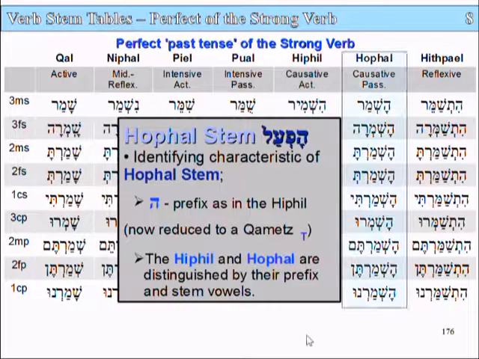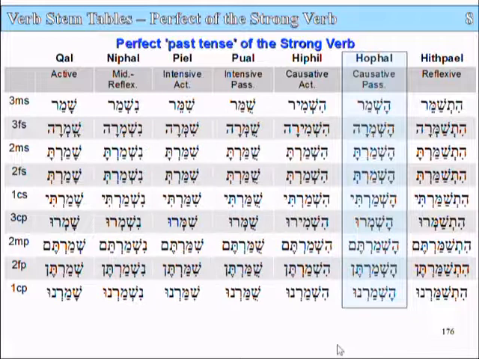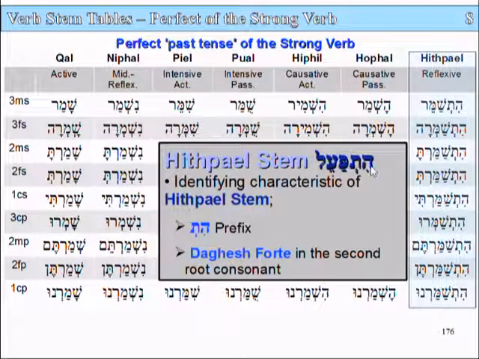And moving on to the Hophal, it's very similar to the Hiphil, except the hey prefix, as in the Hiphil, is now reduced to a kametz, just there, as opposed to a chirik. And the Hiphil and the Hophal are distinguished by their prefix and stem vowels. So just slightly different vowels here, as opposed to here. Okay, and the Hithpael, very easy to recognize.